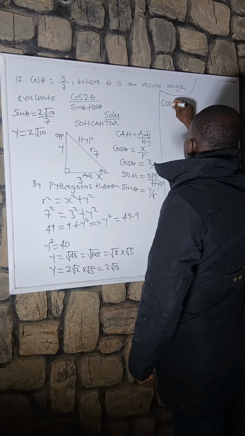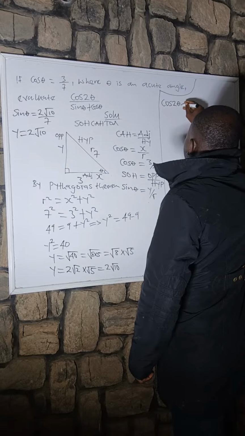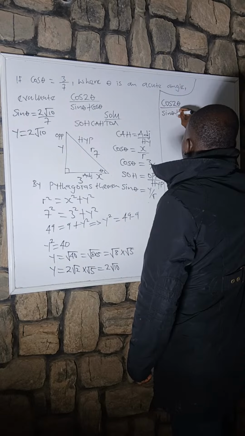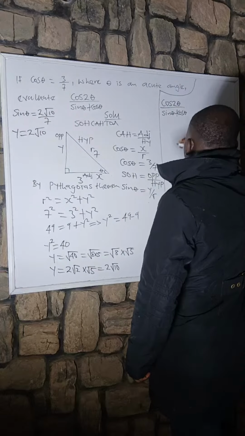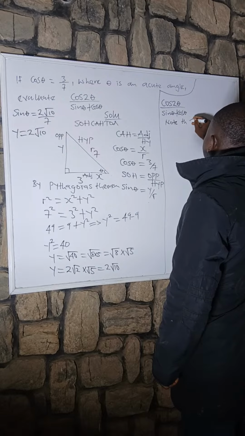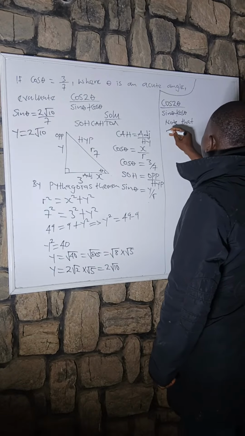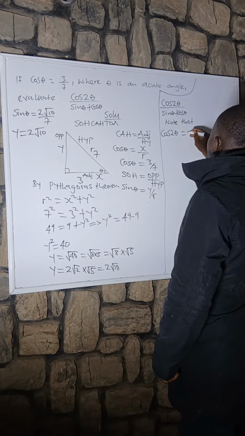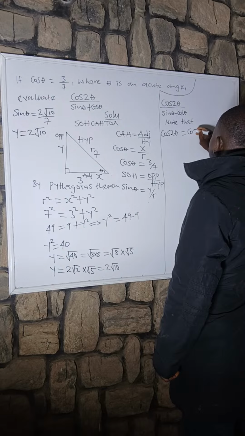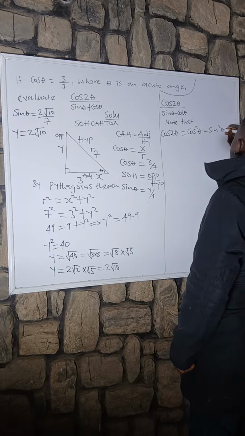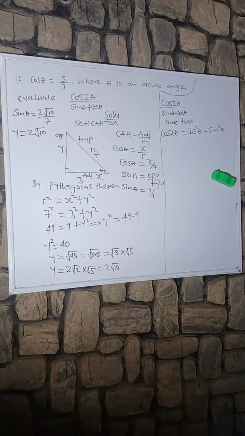cos 2 theta all over what? Sine theta plus cos theta. But let us note that our cos 2 theta is equals to cos square theta minus sine square theta.